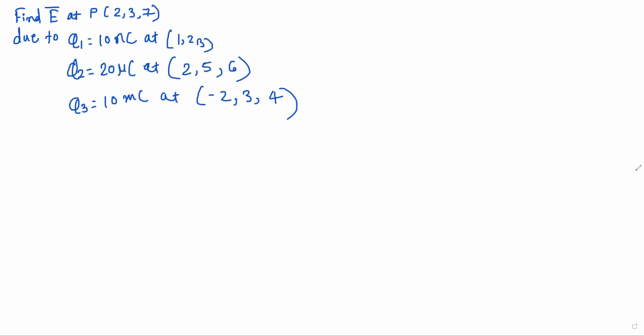Right. So you have a point somewhere here. This is point P. What are the coordinates of point P? It's 2, 3, 7. And you have three charges randomly spread. Q1 is located at 1, 2, 3.